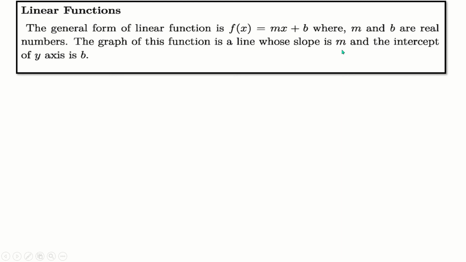Slope means when a straight line makes an angle with the positive direction of the x-axis, then the trigonometric tangent of this angle is the slope of this straight line or of this graph, and the intercept of the y-axis is b, meaning the graph intercepts the y-axis at b. Okay, next follow and you will be clear about this.